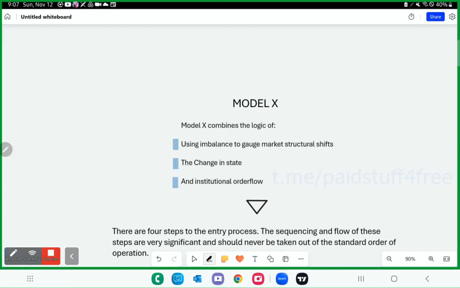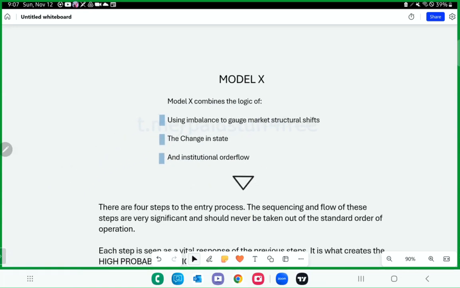So Model X combines the logic of using imbalance to gauge market structural shifts, the change in state of delivery, and institutional order flow. There are 4 steps to the entry process.